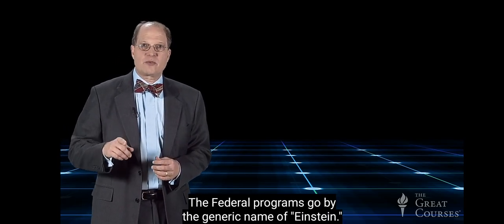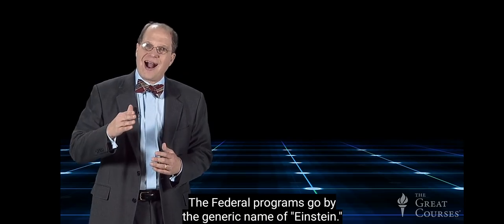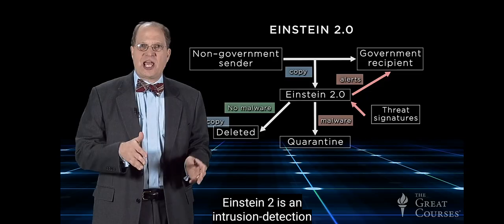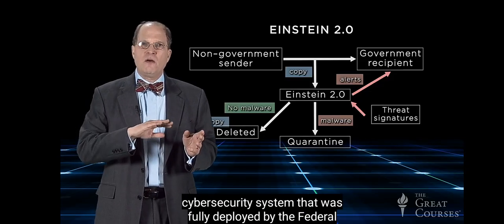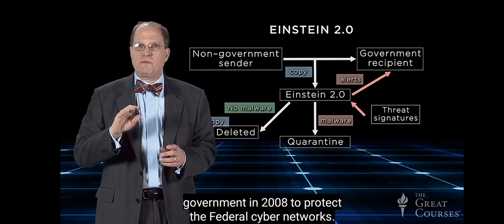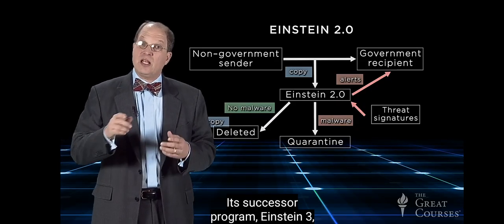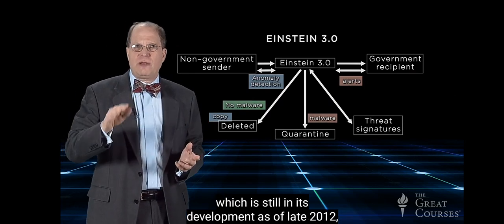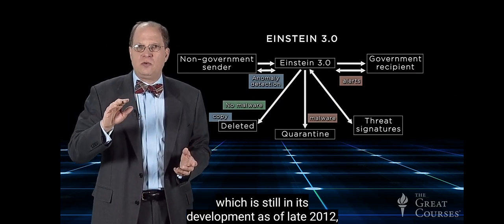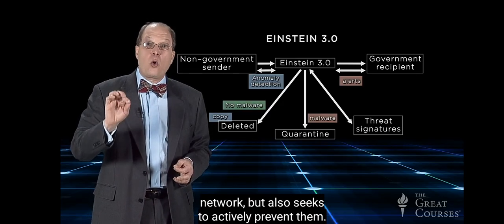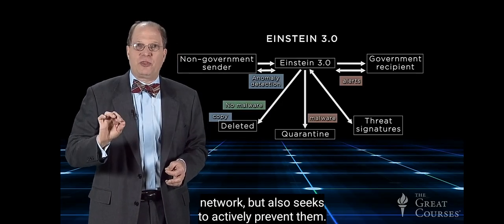The federal programs go by the generic name of Einstein. Einstein 2 is an intrusion detection cybersecurity system fully deployed by the federal government in 2008 to protect the federal cyber networks. Its successor program, Einstein 3, which is still in development as of late 2012, not only detects cyber intrusions on the federal network, but also seeks to actively prevent them.